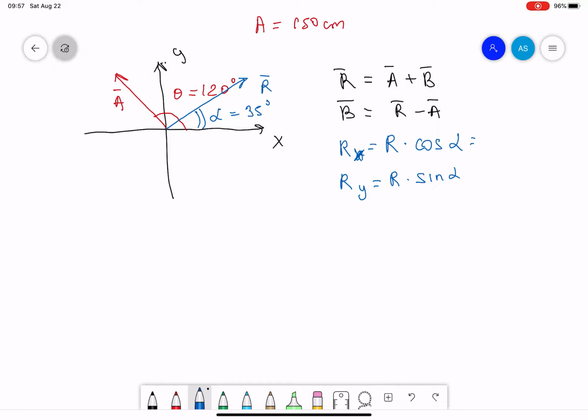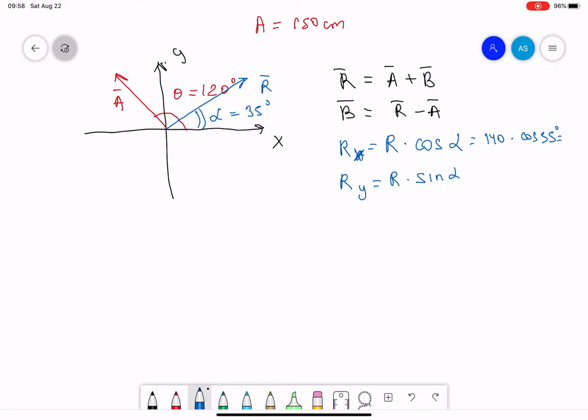So let's plug in the numbers. R is equal to 140 multiplied by cosine alpha, which is 35 degrees.